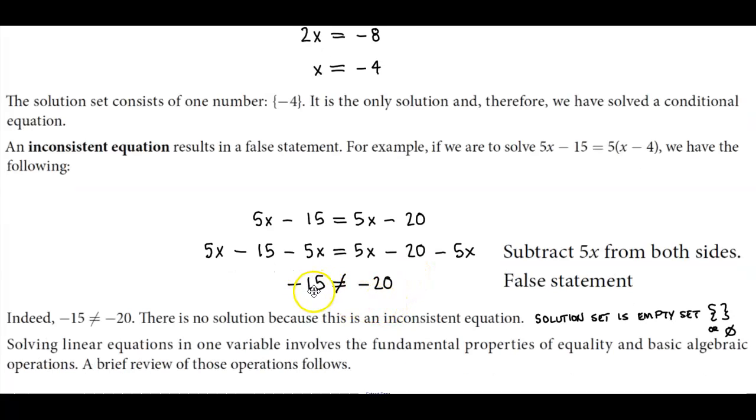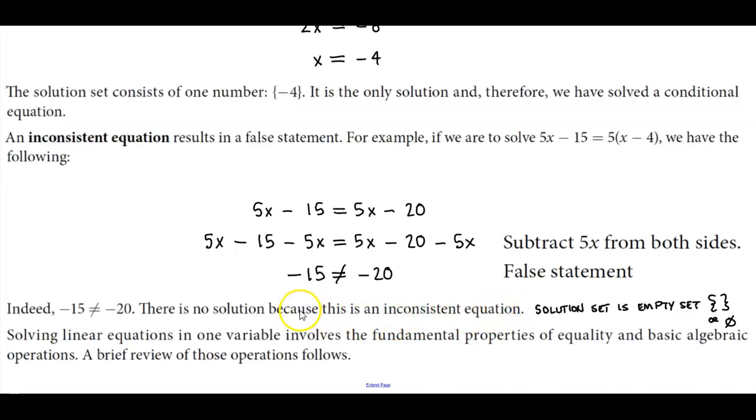Now, negative 15 does not equal negative 20. That is a false statement. And because it is a false statement, that would state that there is no solution because this is an inconsistent equation. So the solution set would be the empty set, meaning that there's nothing inside the braces, or we also have like a circle with a line through it.